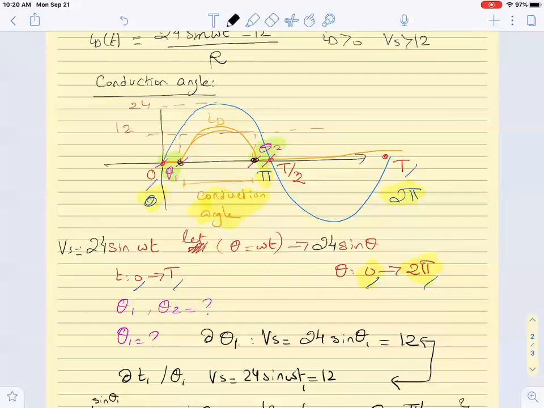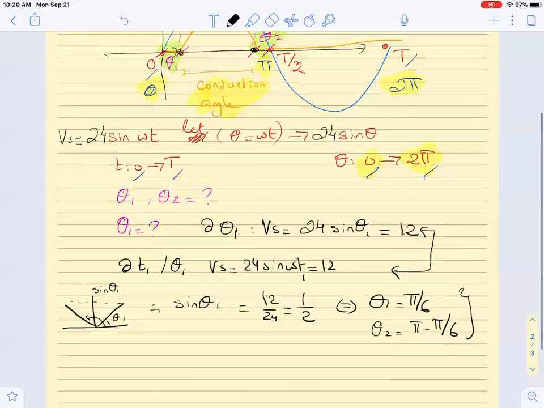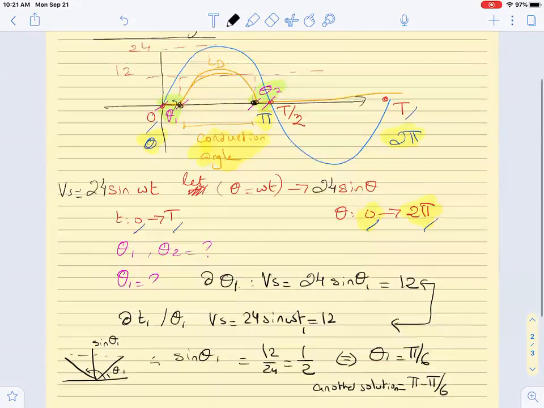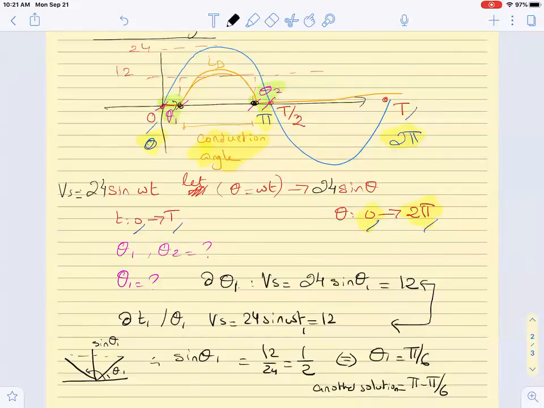Now theta 2 is actually equal to pi minus theta 1 by symmetry. We found theta 1, and sorry, this is not theta 2. Let me fix it, because the drawing was drawn differently. So theta equal to pi minus pi over 6 is also a solution, another solution. Okay, on the drawing theta 1 and theta 2 are symmetric.